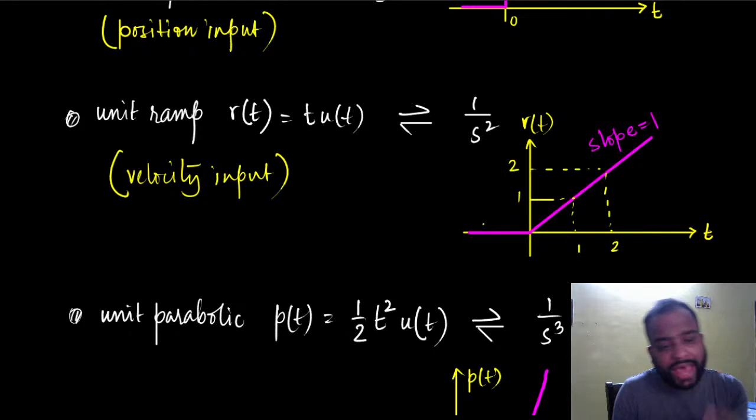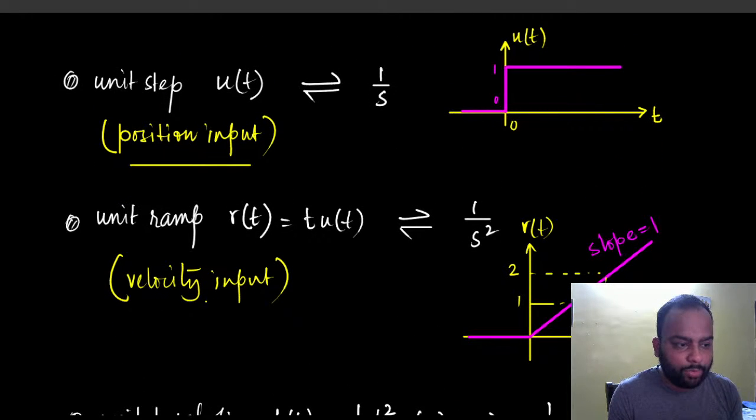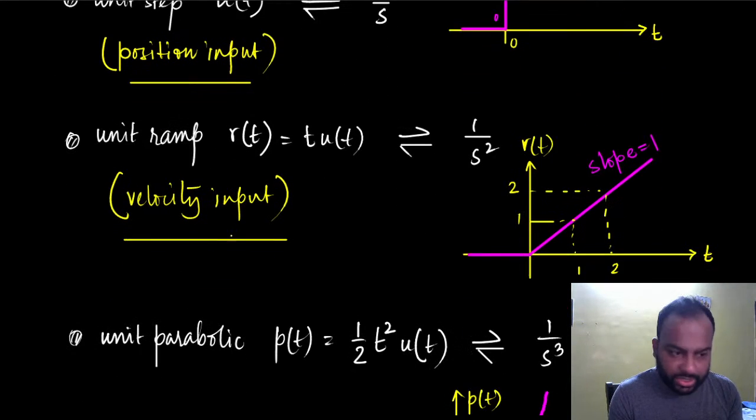So as the time increases, the position also increases by a fixed constant value. That can be considered a constant velocity. If an object traverses equal distances in equal spans of time, say every 1 second it travels 1 unit of distance, we can call that a constant velocity input. This one was a position input, and this is a constant velocity input.